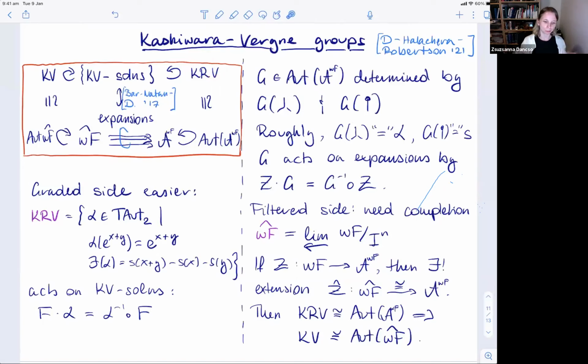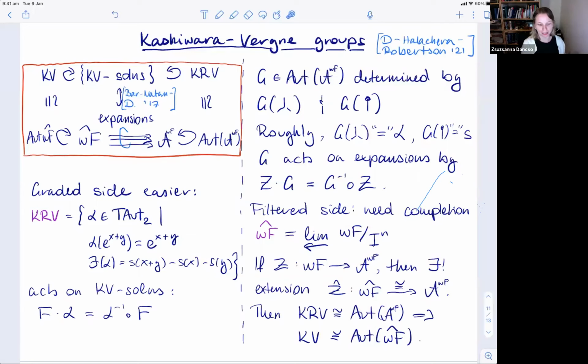They have commuting free left and right transitive actions on Kashiwara-Vergne solutions. And we can prove that these can be identified with automorphisms of arrow diagrams and automorphisms of the pro-unipotent completion of W-foams. And the way it works is that you do the graded side using exactly the same technique. An automorphism here is determined by its values on the generators up to the relations. So exactly the same framework.